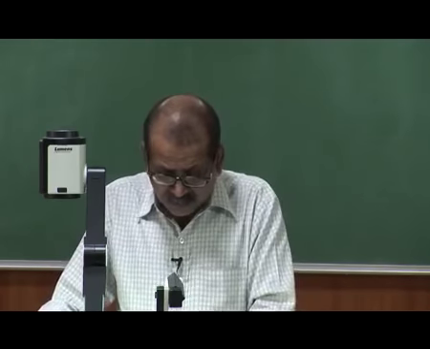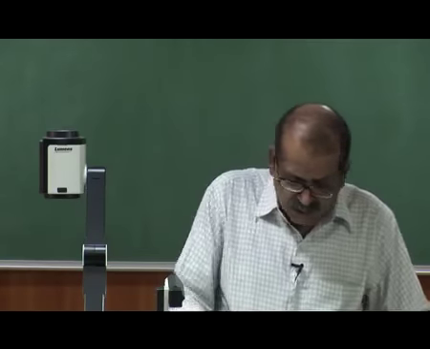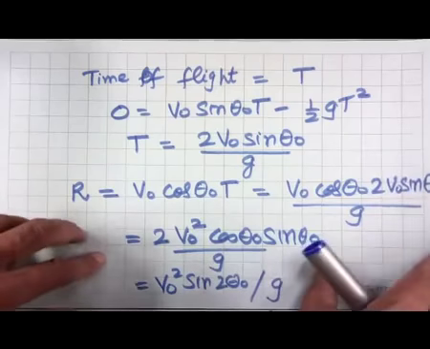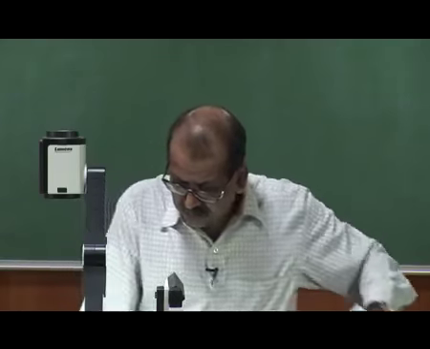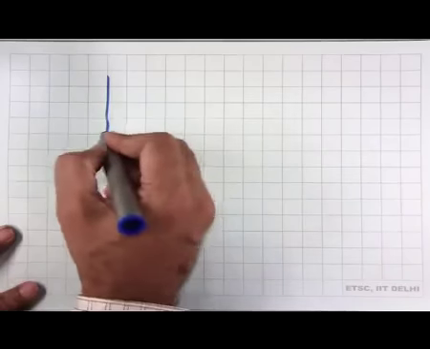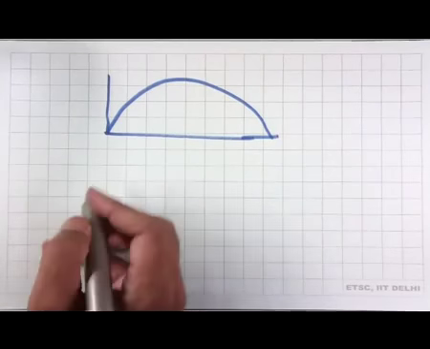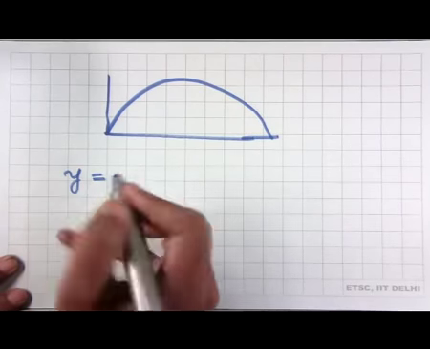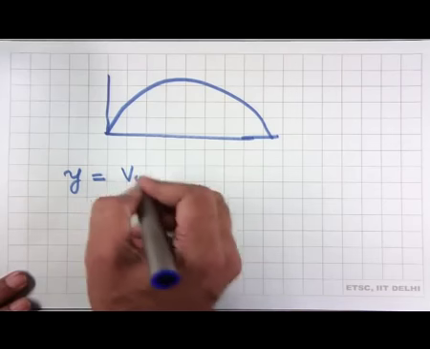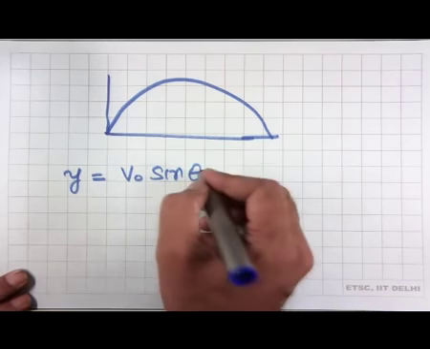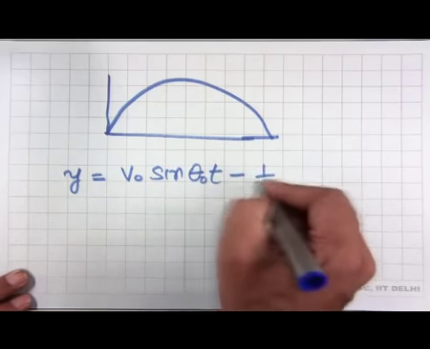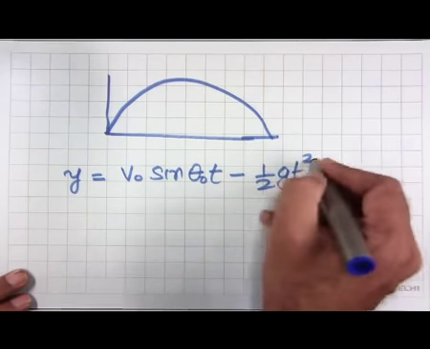Now, let us look at this expression again. This is the projectile path. The y coordinate which is travelled is given by v0 sin theta 0 t minus half g t square.